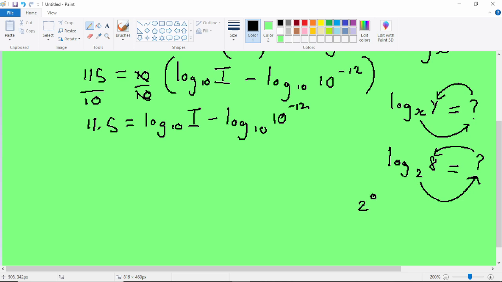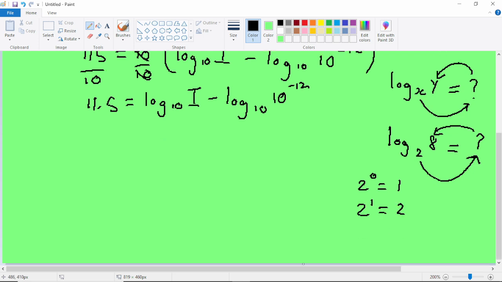So 2 to the 0 is equal to 1. 2 to 1 is equal to 2. 2 to the 2 is equal to 4. And then 2 to the 3 is equal to 8. So 2 raised to which number gives me 8? That answer is 3. That's basically what logarithms are.